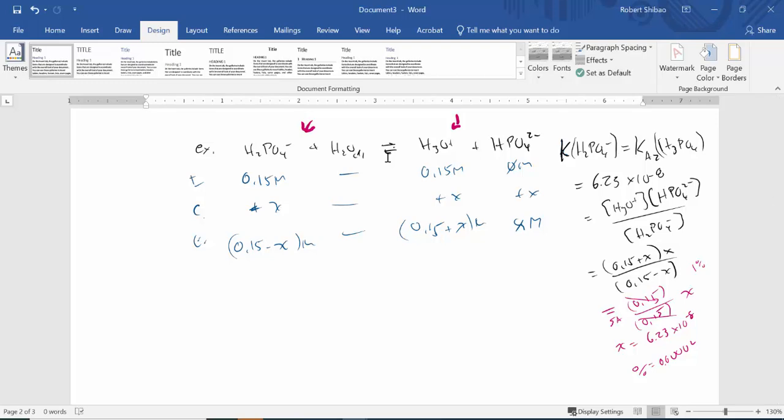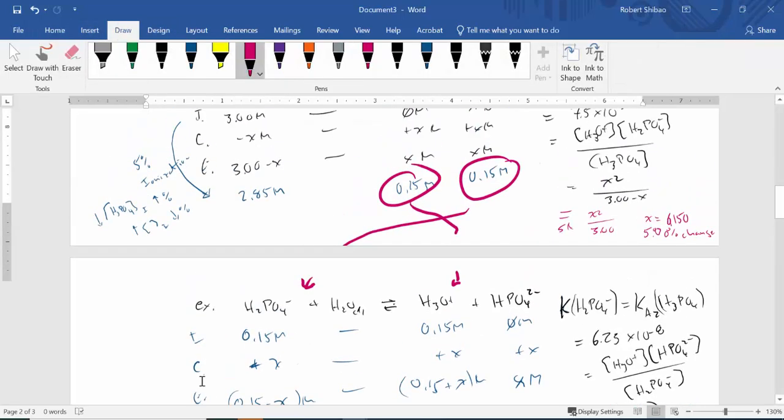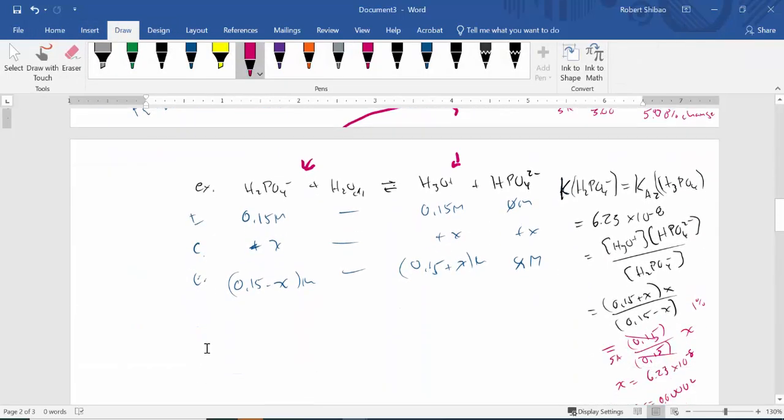All right, so going back to this, I have 0.15 minus x. So that's going to be 0.15. Let's see what color I used here. Blue, I'll go black. And x is going to be 10 to the minus 8, so I need 7 zeros after the decimal. 1, 2, 3, 4, 5, 6, 7, and then a 6, 2, 3.